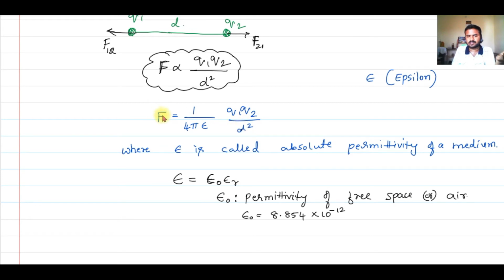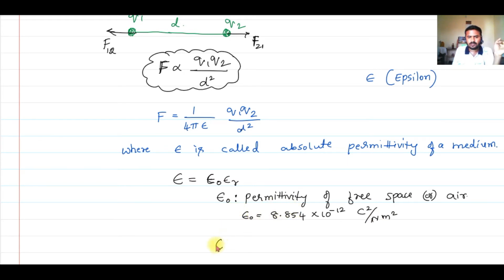I have sent this force to the RHS because I want to know the unit of epsilon. So the unit of this epsilon will become coulomb square per unit of force, which is Newton, and meter square. So coulomb square per Newton meter square is the unit of epsilon naught. Its value is fixed, it's a constant.